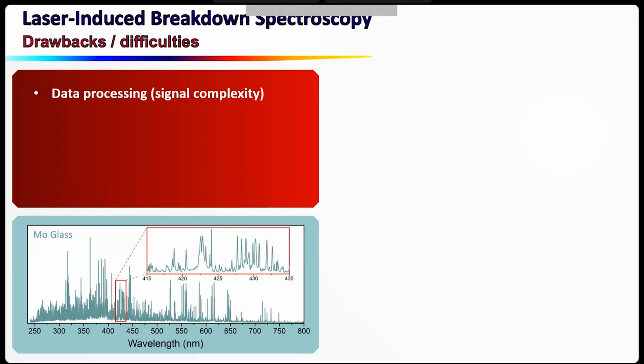I don't know what you think, but it looks very, very noisy. If you zoom here, you can see that there is a signal and there are emission lines. So this is molybdenum. Molybdenum has more than 15,000 lines. In some cases, it can be quite complex to process the spectrum.